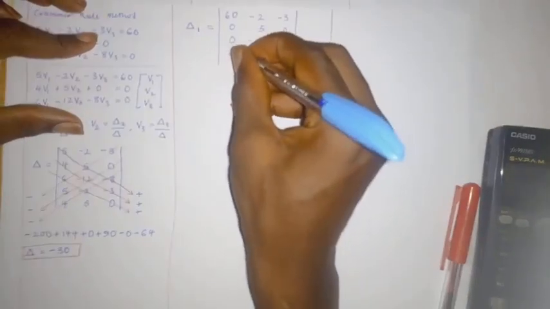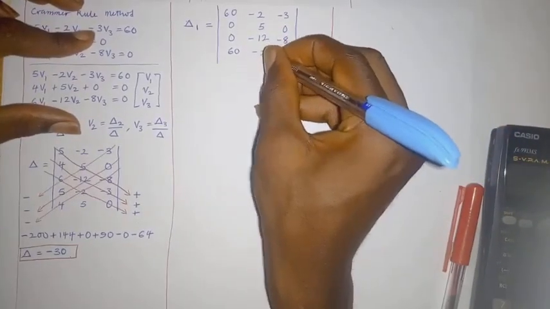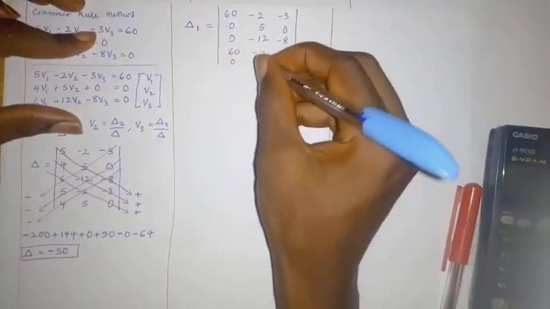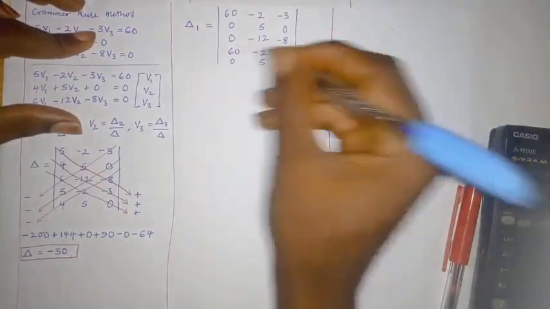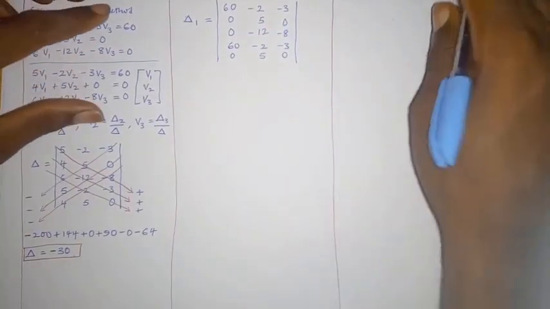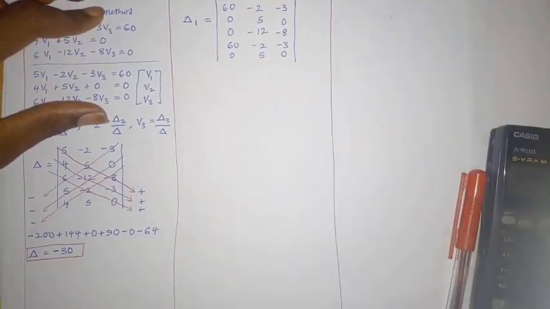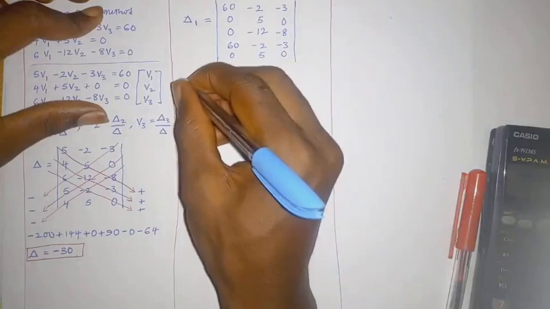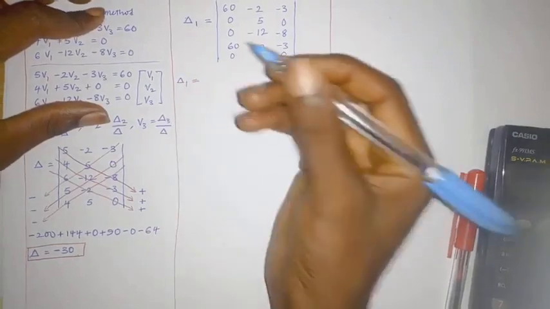So 60, minus 2, minus 3, 0, 5, 0. I love this one because 0 is much. I will not calculate much. So let's get our determinant 1 equal to.